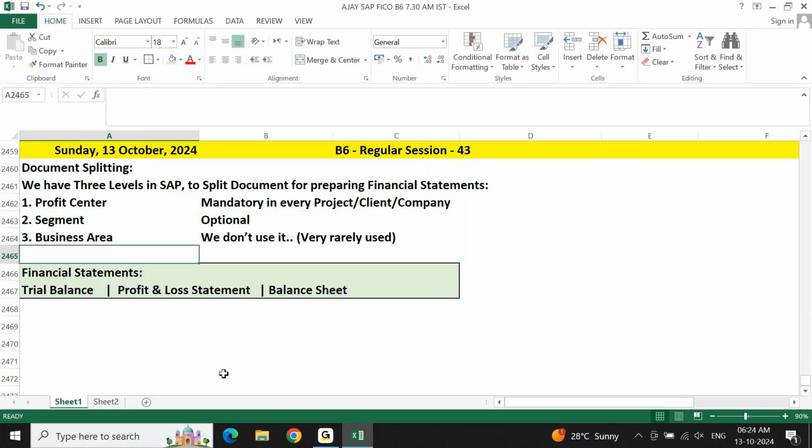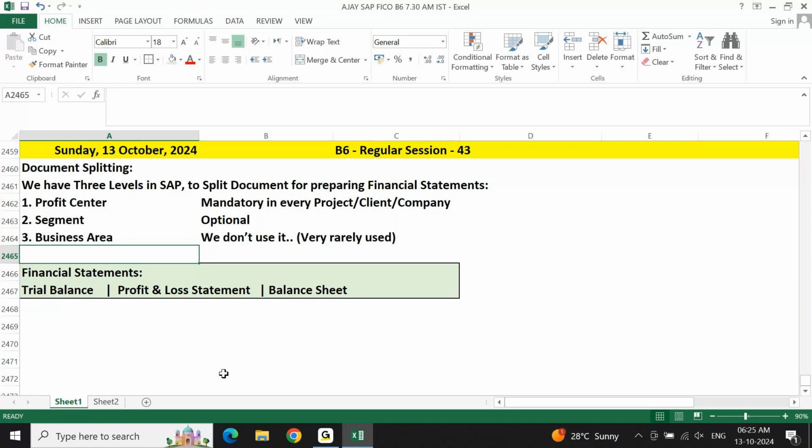And the whole objective of document splitting is to generate financial statements like trial balance, P&L, balance sheet. So what you can do here, you can generate a trial balance at profit center level, or at segment level, or at business area level. Similarly, you can generate a profit and loss statement or a balance sheet at profit center level, at segment level, or at business area level.